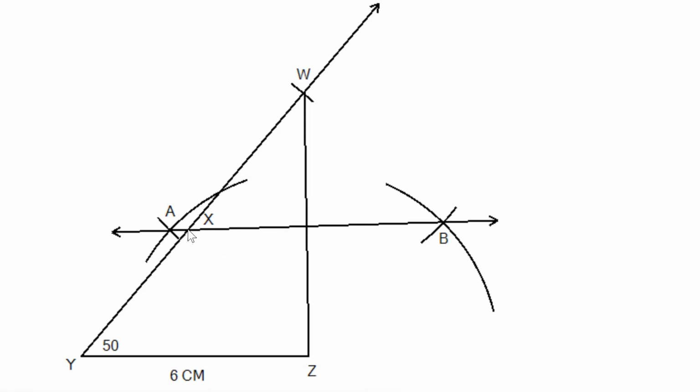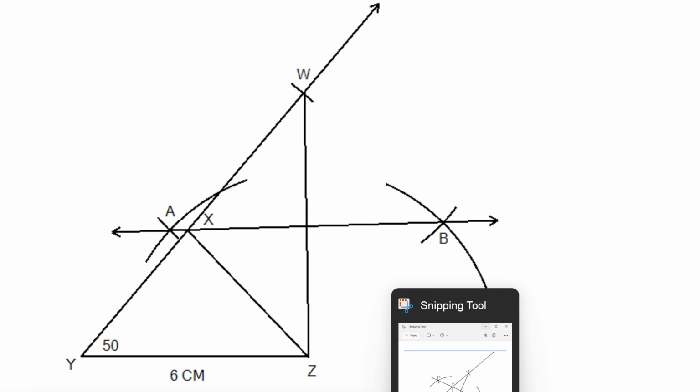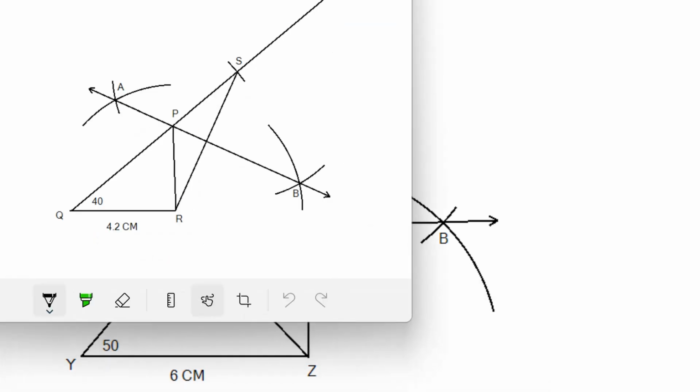Join XZ. So what is length XZ? 4.6 in my case. Okay. Now we will write the final answer.